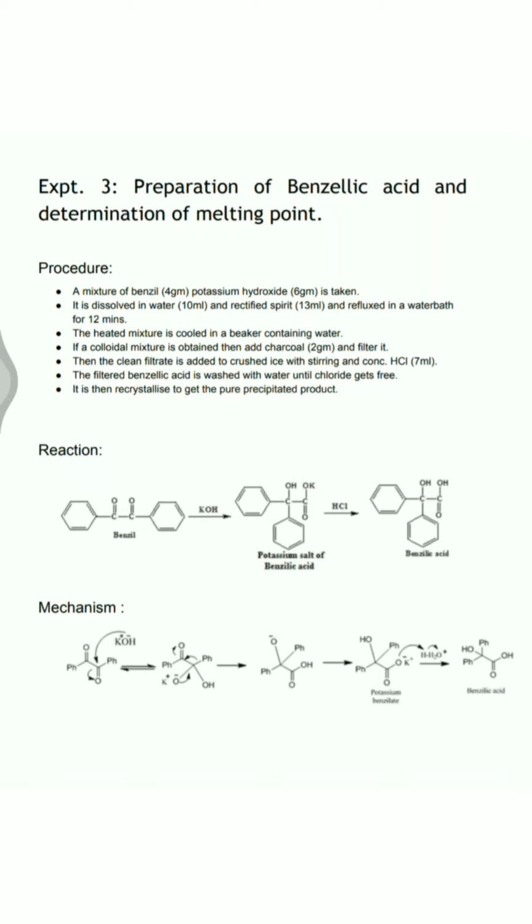Now let us concentrate on the mechanism of the reaction. First we take Ph C double bond O, C double bond O Ph, where Ph is the phenyl group. Then we add KOH.